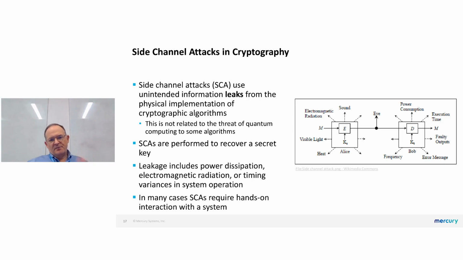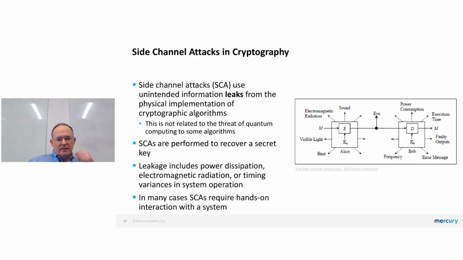The kinds of paths for leakage are manifold, but typically the ones that most people are concerned about include power dissipation that can be measured outside of a device, electromagnetic radiation that can potentially be measured without even coming into physical contact with the device, or timing variances in a system's operation that may be observable by an adversary.